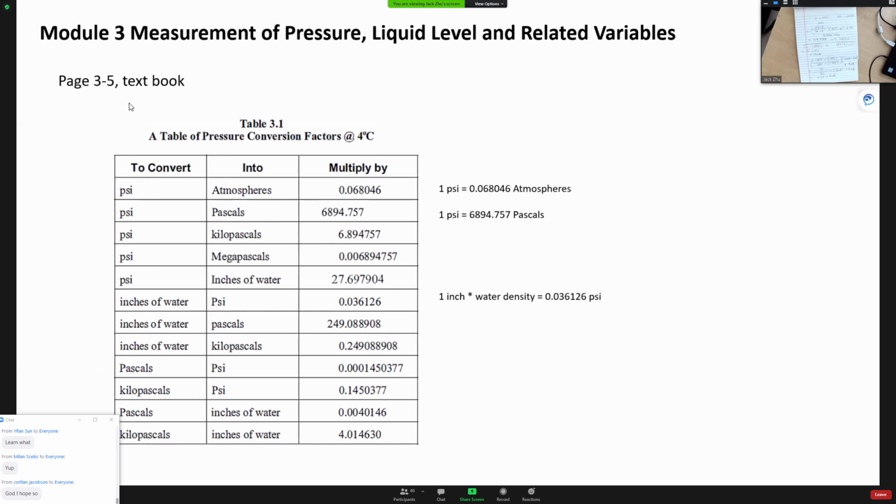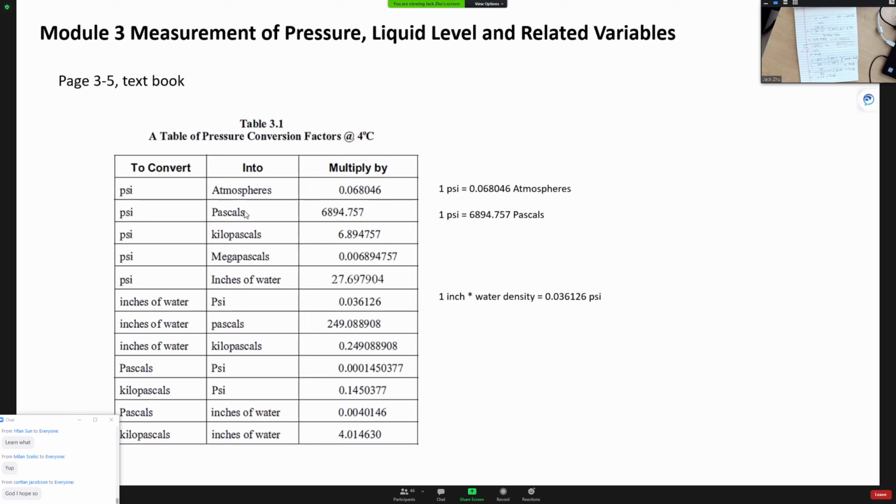For pressure, there are a lot of units. You have imperial units, you have metric units. Some of them use inch of water, or some of them use centimeter of water, or some of them use inch of mercury, some of them use centimeter of mercury. So it's all different types. In the metric unit, they use the Pascal.